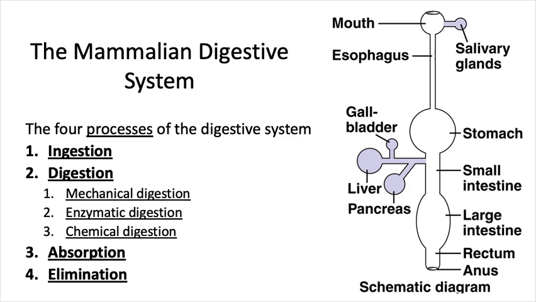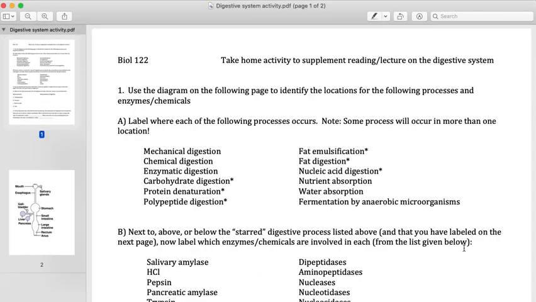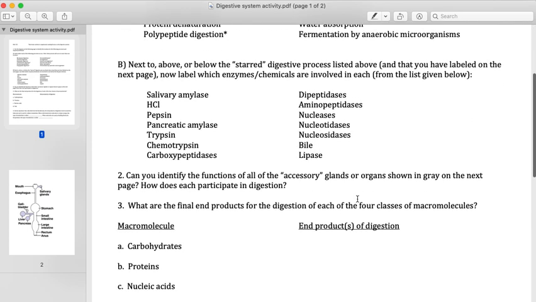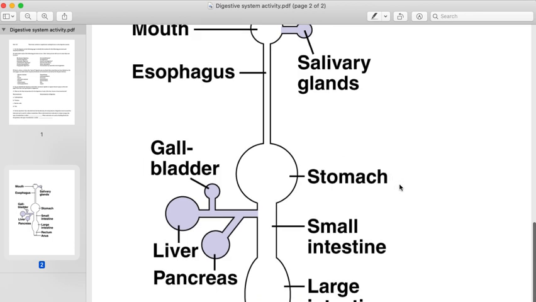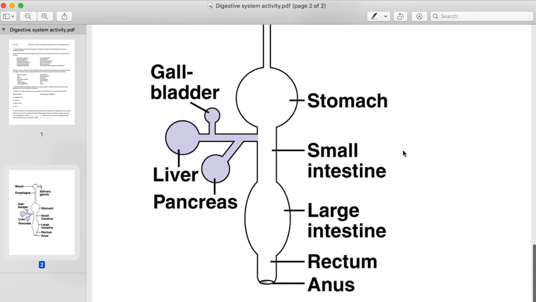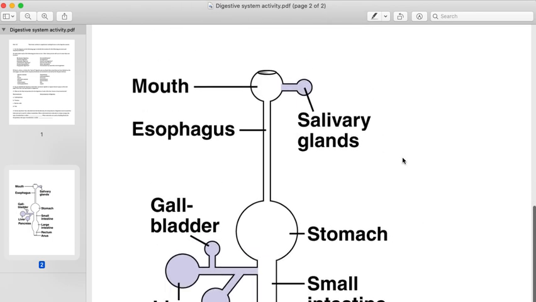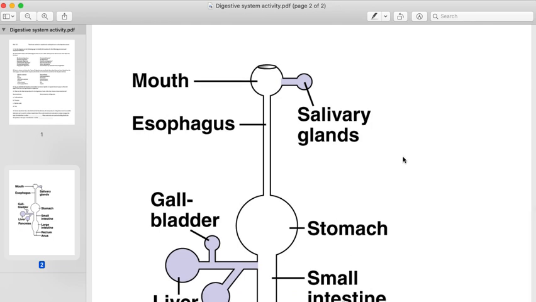I'd like to bring up the activity that I have for you to help you put all of this information together. I have listed a number of different processes, and on the second page of your handout, you are to label where these processes occur. Now, some will happen in more than one location. For example, mechanical digestion will occur in both the mouth and the stomach.